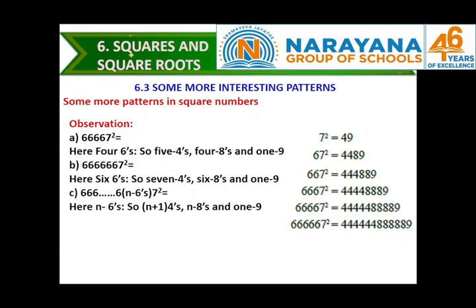In that 10 digits, see the example, 66667 square. Here a total of 5 digits are there, and its square value has 10 digits. I divide those 10 digits into 2 groups. In the first 5 are 4s, five 4s.